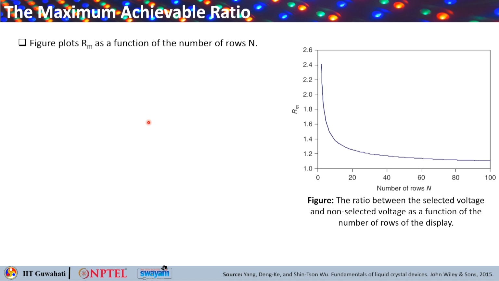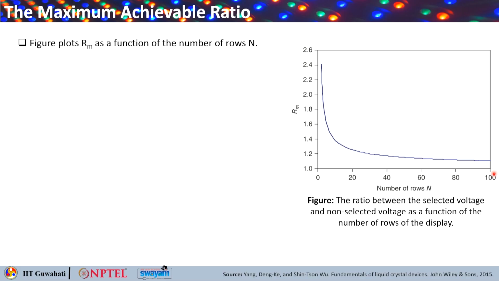You can actually plot this maximum achievable ratio as a function of the number of rows. Here is a plot that shows the maximum contrast ratio as a function of the number of rows, which is varied from say 2 to 100.